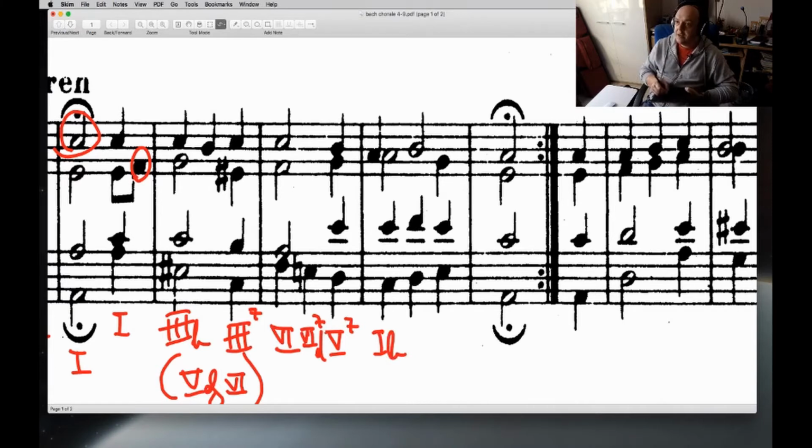Followed by chord 2 with the 7th, the A in the alto is held underneath. That is the 7th, prepared and held. That's the 7th. So chord 2, 7th in 1st inversion. That's the 3rd in the bass.